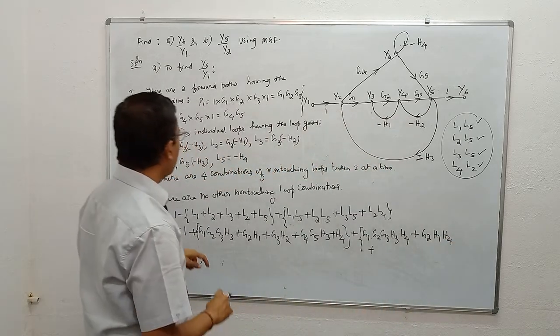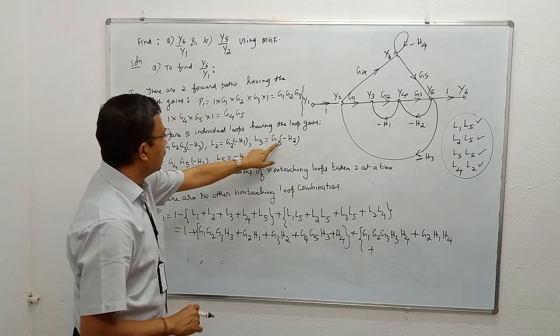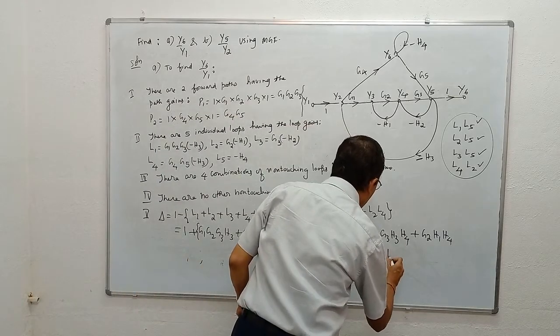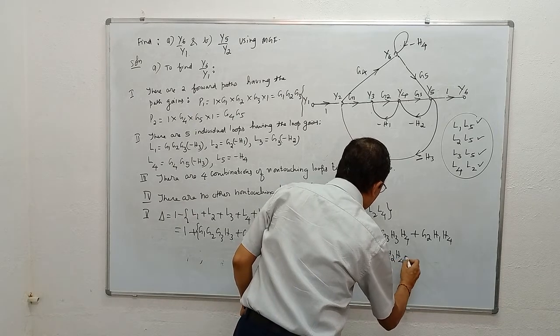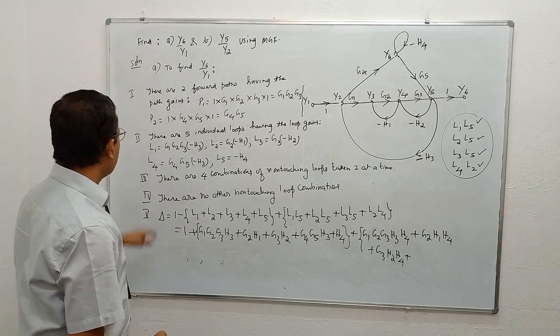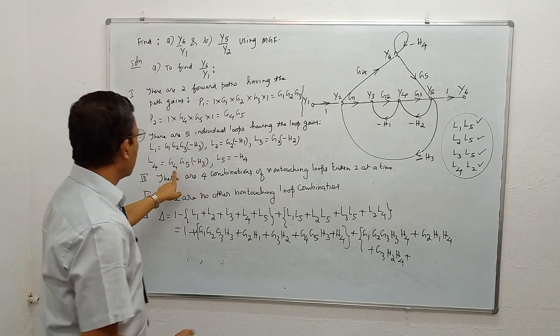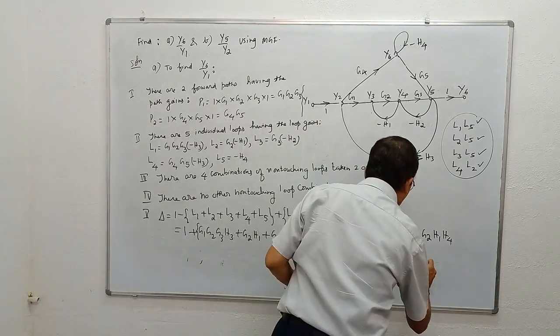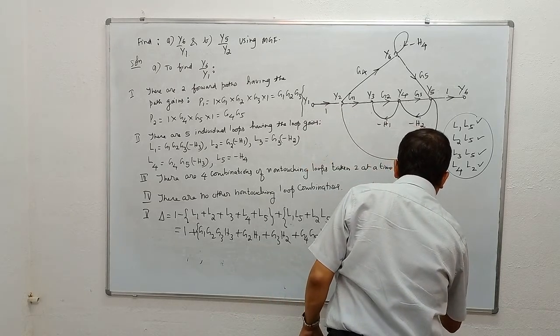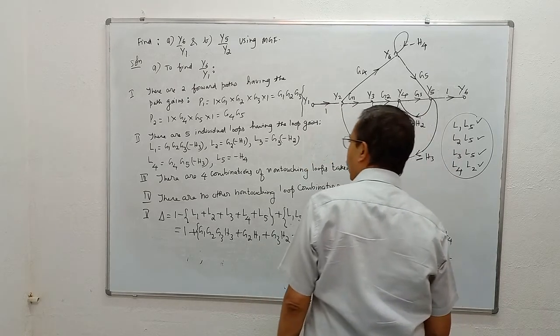Next is L3, L5, G3, H2, H4 plus. Next, last one is L2, L4, that means G2, H1, G4, G5, H3.